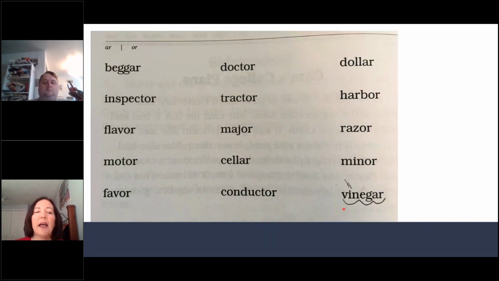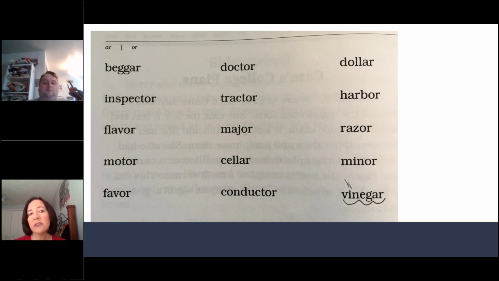Now, this is another list, and this is all AR and OR words, but they're multi-syllable words, longer words, where AR or OR is the last sound. ER is still the most common way to spell /ɜr/, but when you're reading and you see AR or OR at the end of a long word, you do need to be aware that it sometimes will say /ɜr/.